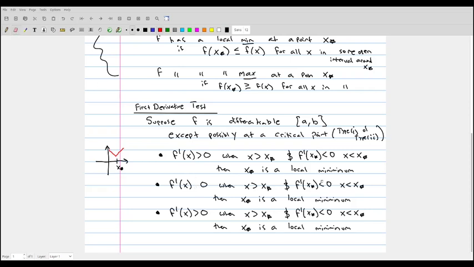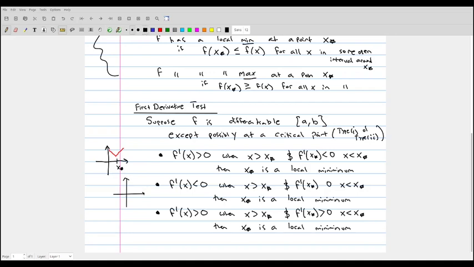The next statement is that if the derivative of the function is negative, or the function is decreasing, to the right of that critical point, and it's increasing to the left of that critical point, so it's positive to the left of the critical point, then that critical point has to be a local maximum.